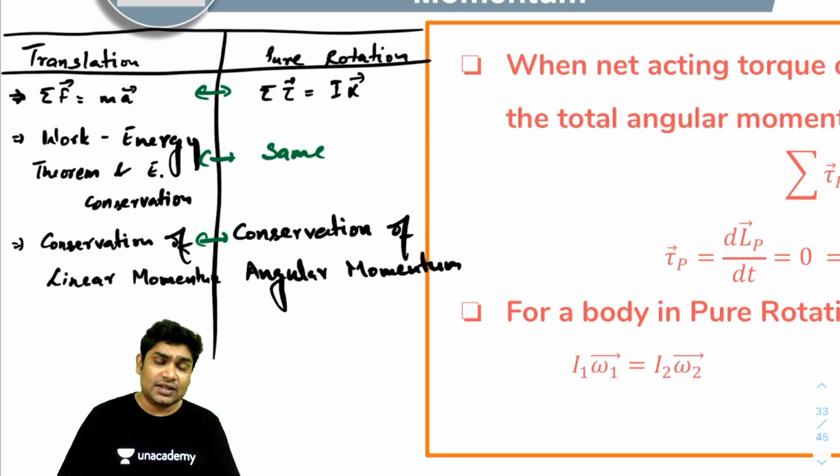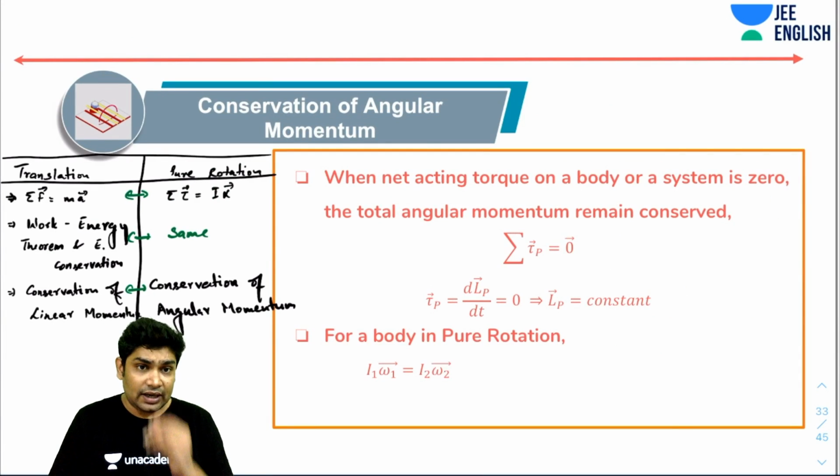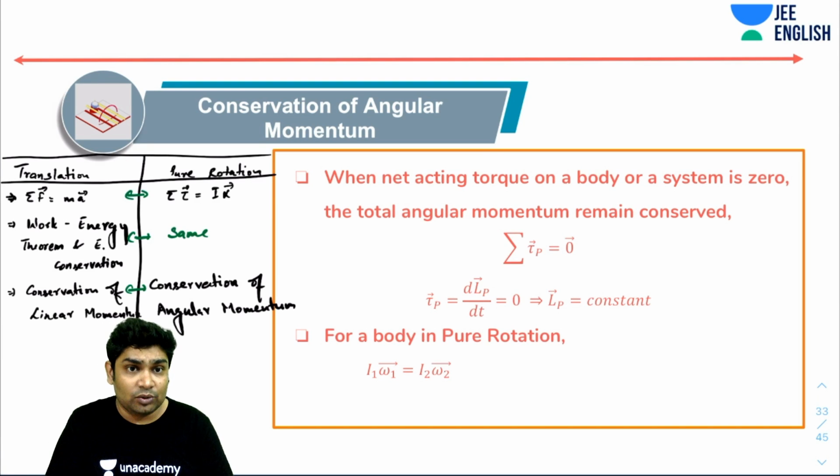All you need to do is just remember that just like translation, you have the same three tools here. One, tau equals I alpha equation. Second, conservation of angular momentum. And third, you have energy conservation or work energy theorem.